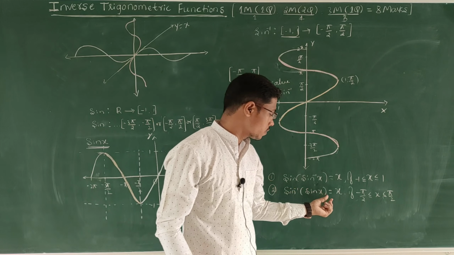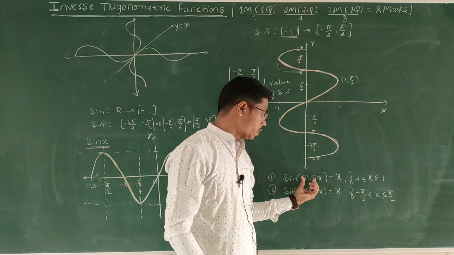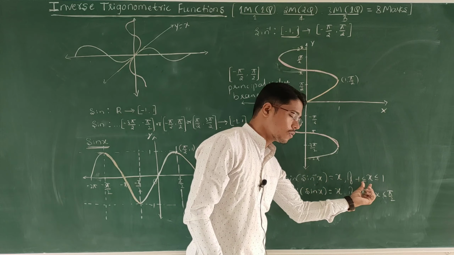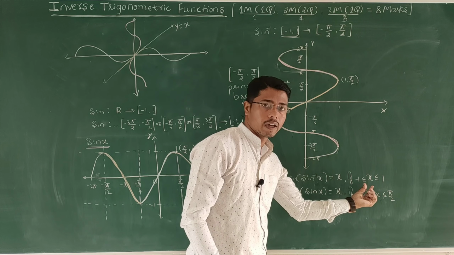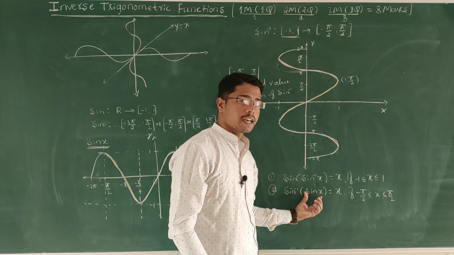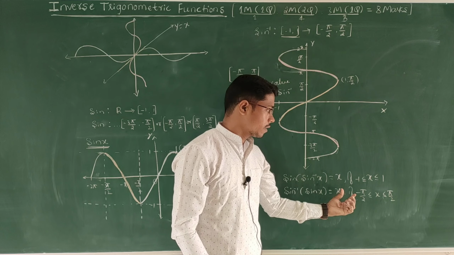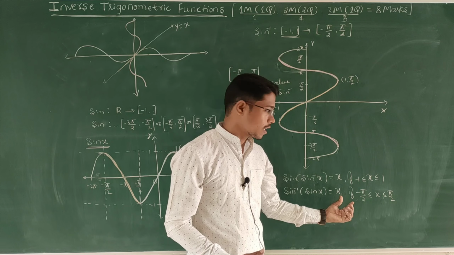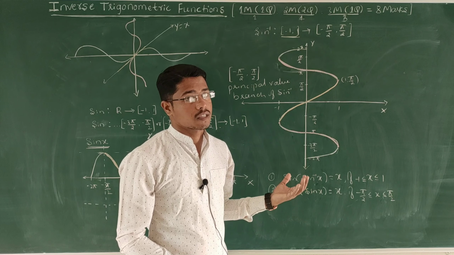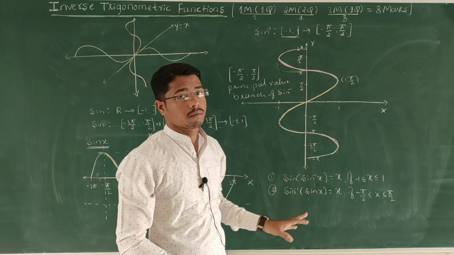I took care of that. So if you write sine inverse in the bracket, take the domain of sine inverse for the value of x. If you write sine x in the bracket, take the domain of the sine function, that is minus pi by 2 to pi by 2, the principal value of sine inverse. Okay, so keep this in mind. This is also very important.